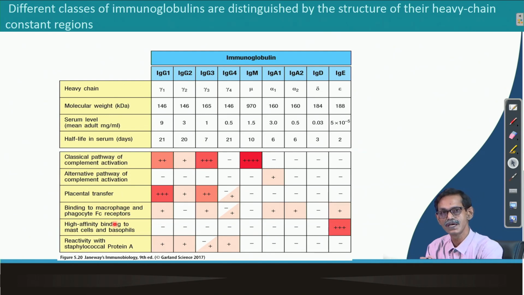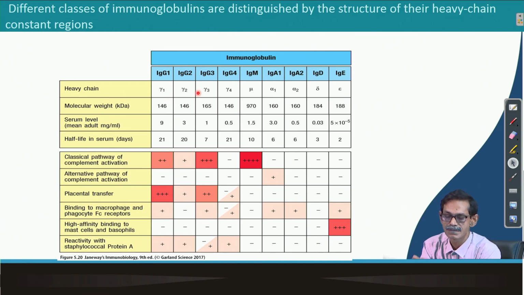And the bottom part has the effector functions. Some of the effector functions we already discussed, like opsonization, neutralization, complement activation. You see this plus and minus: plus means it is helping in, for example, classical pathway complement activation.